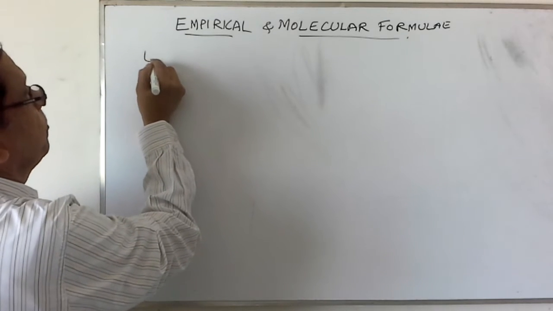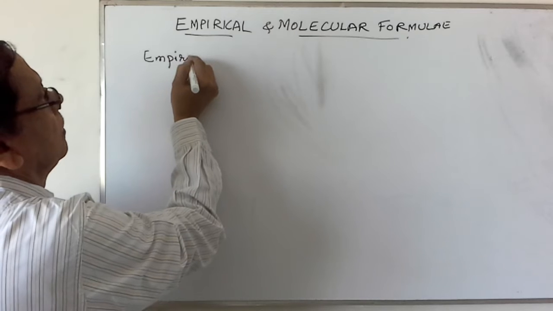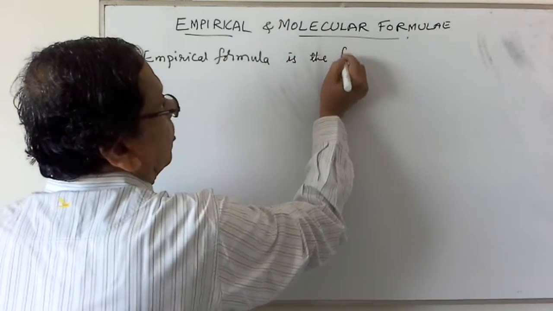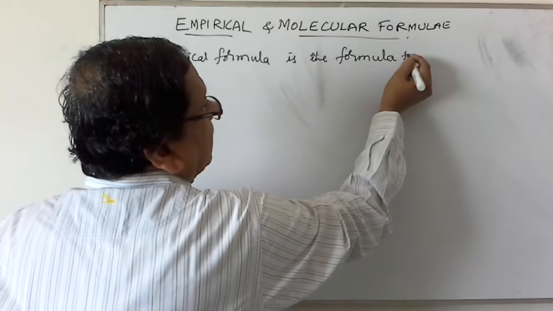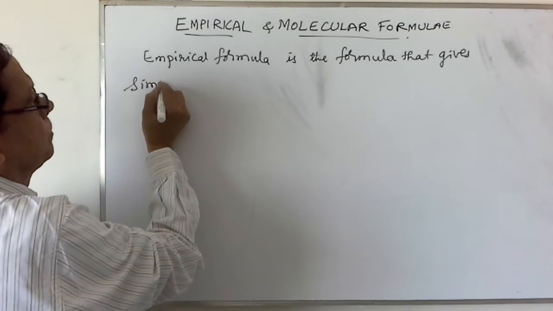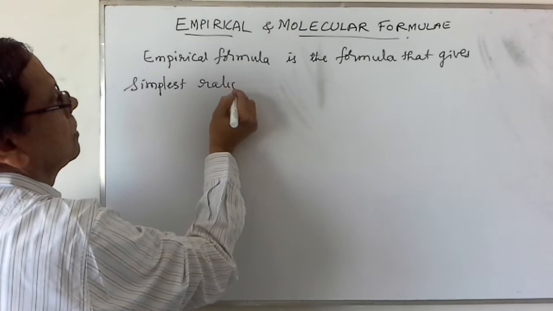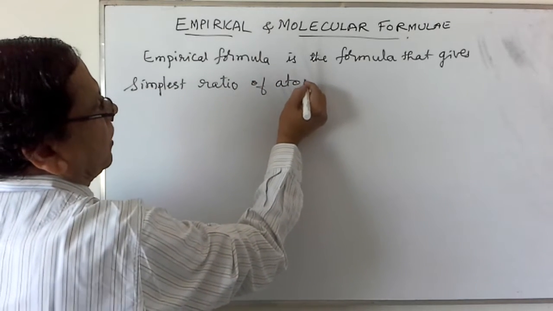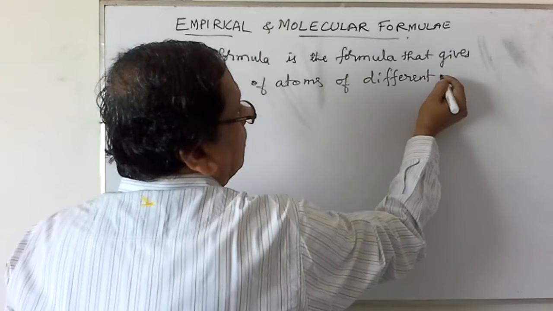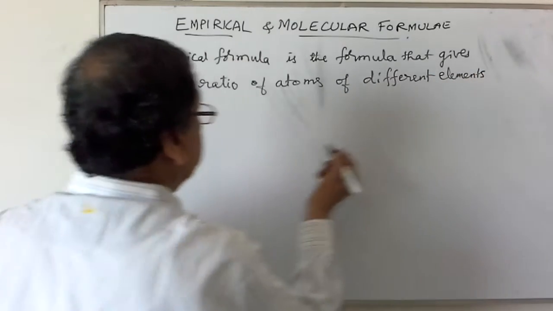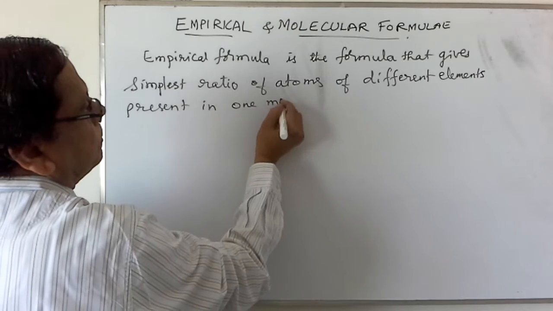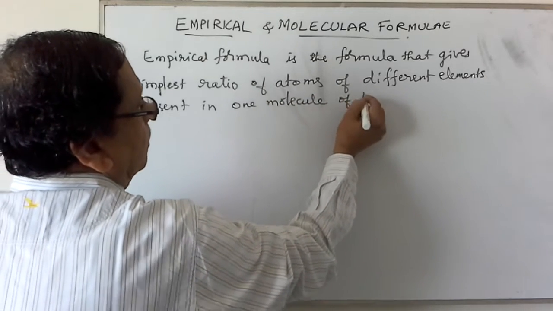So empirical formula is the formula that gives the simplest ratio of atoms of different elements present in one molecule of the compound.